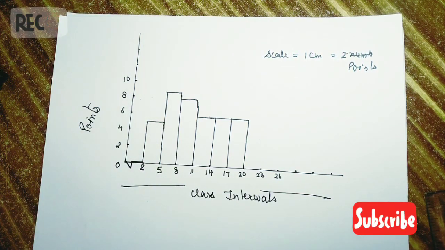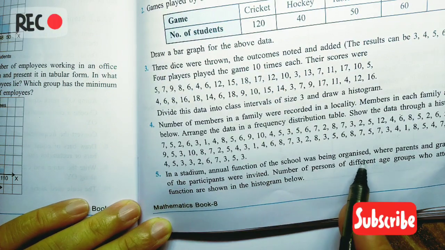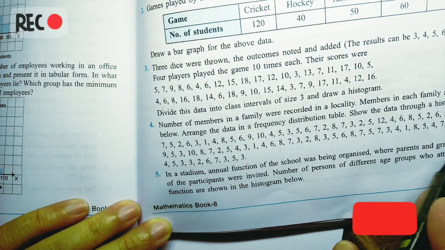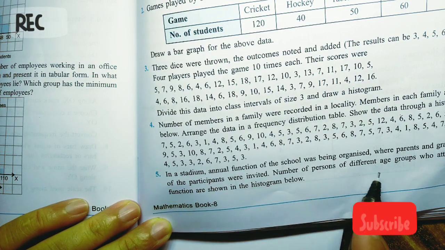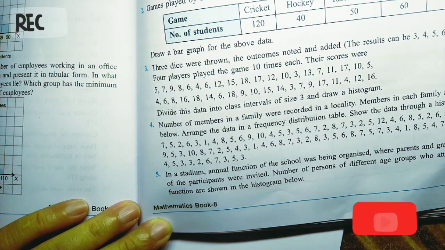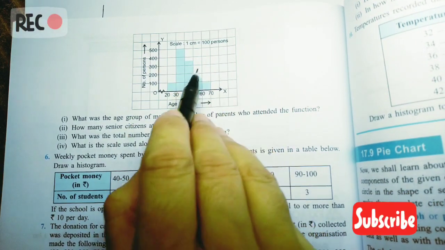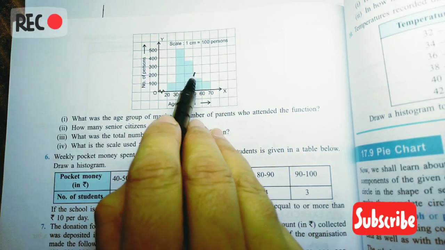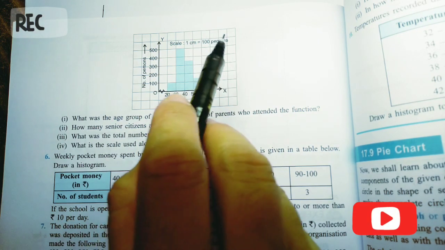In question number 5, students, they have given that in a stadium, the annual function of the school was being organized where parents and grandparents of the participants were invited. The number of persons of different age groups who attended the function is shown in the histogram below. So, students, they have shown this information with the help of this histogram. And by observing this histogram, students, we have to answer the given questions.